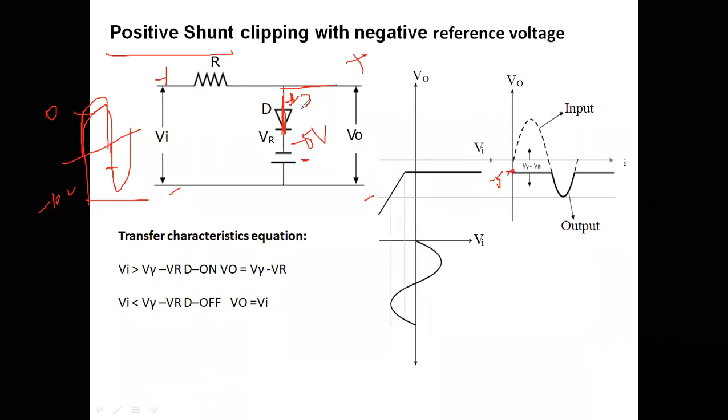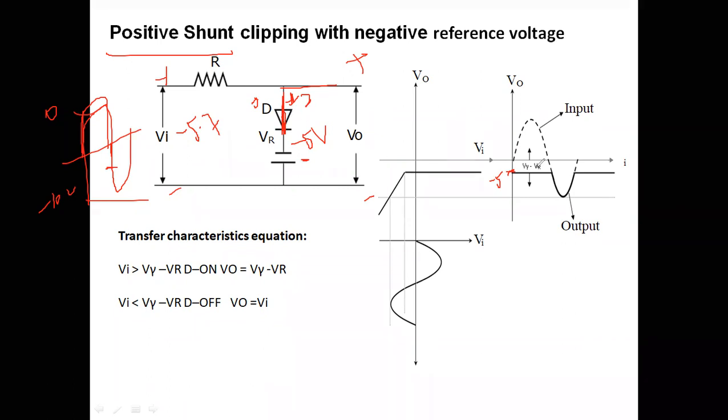If you take the practical case, when the input voltage reaches minus 5.7, this side is minus 5.7 and this is minus 5 volts, so the difference will be 0.7. The diode gets off. Therefore, up to minus 5.7 the diode will be in on state only.